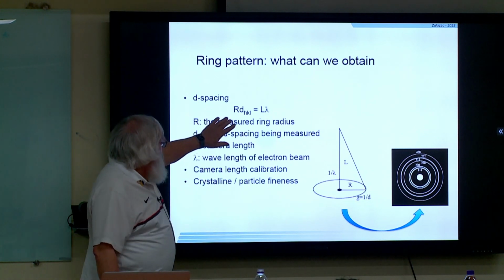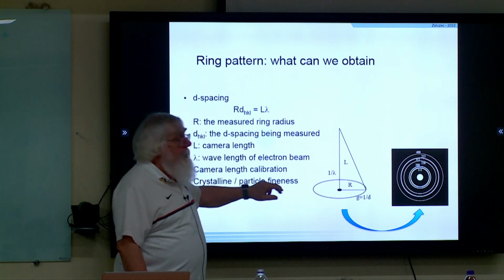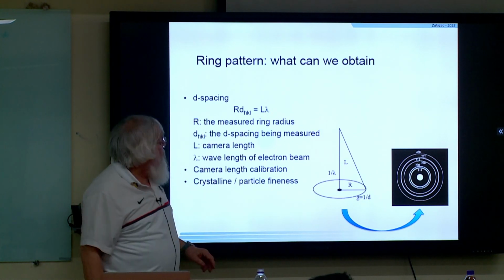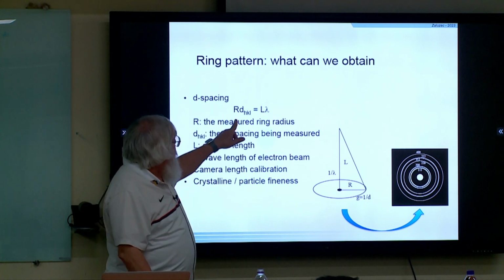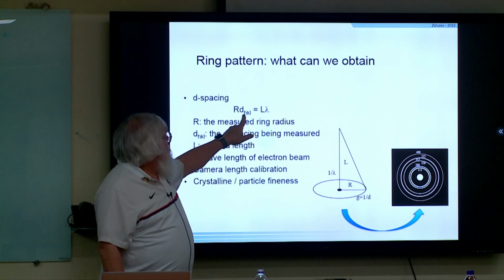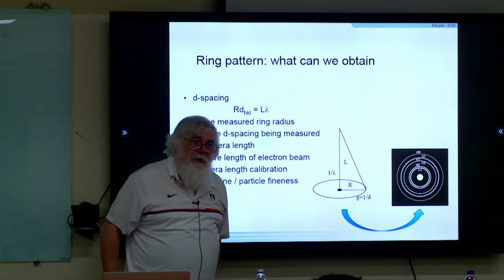Sometimes L is called the camera constant of the microscope, or camera length of the microscope. That's where the L came from. Lambda is the wavelength of the electrons. R is something you measure. D is the d-spacing.